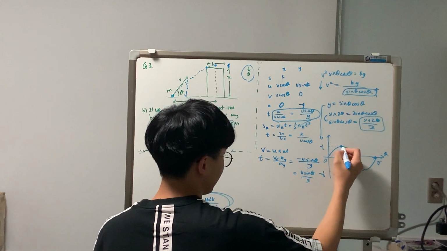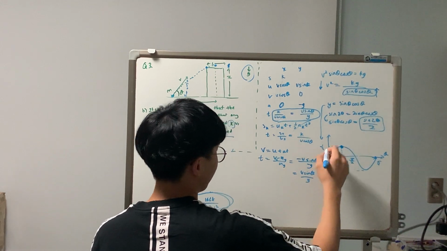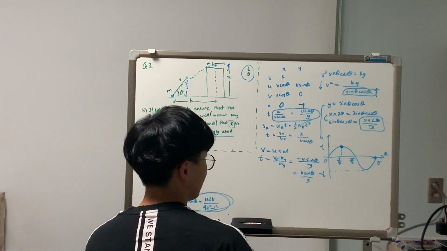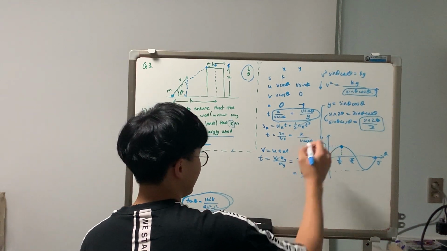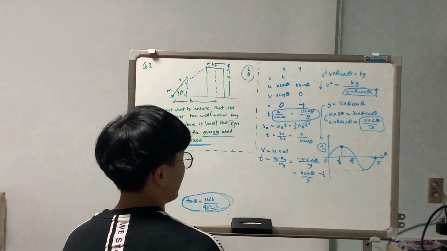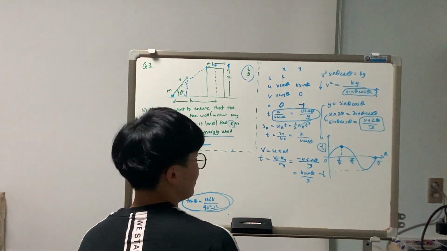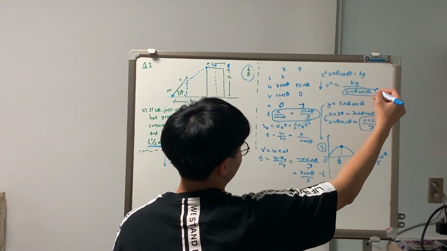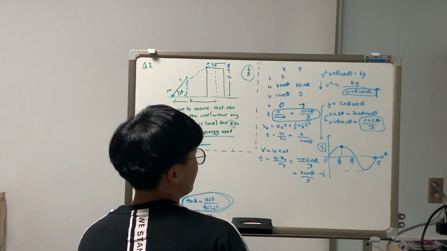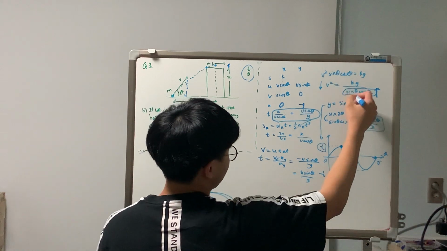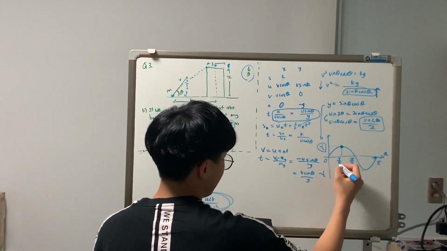So we could say that the maximum value of sine theta cosine theta cannot exceed 1/2. So the maximum value is 1/2. We figured out the maximum value for sine theta cosine theta, which is 1/2, and we also know that the value for theta would be pi over 4.